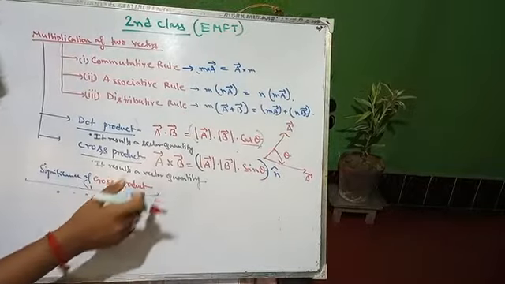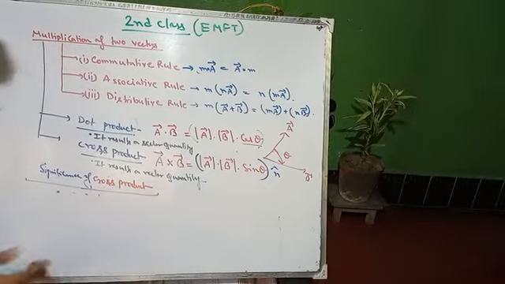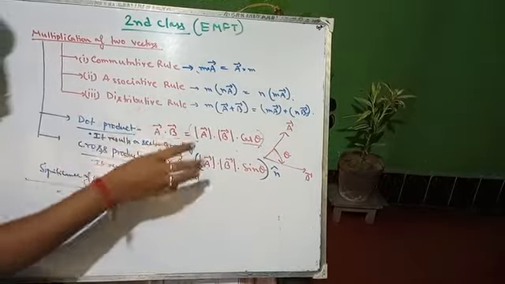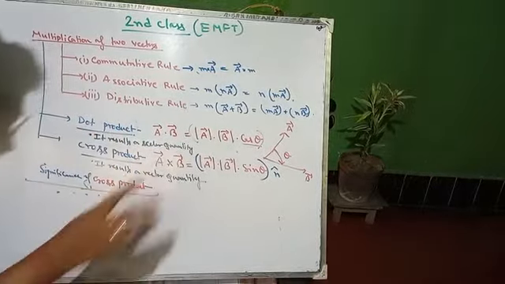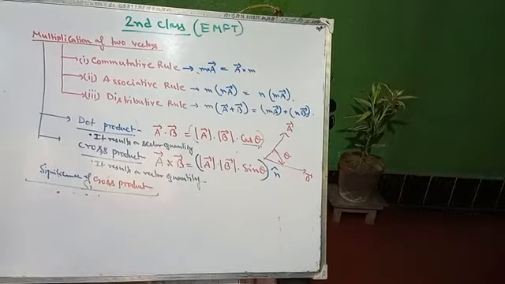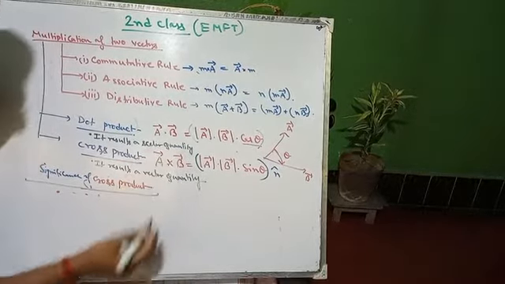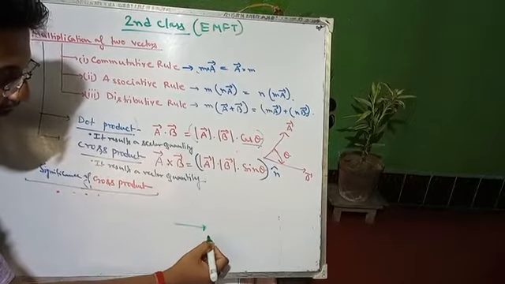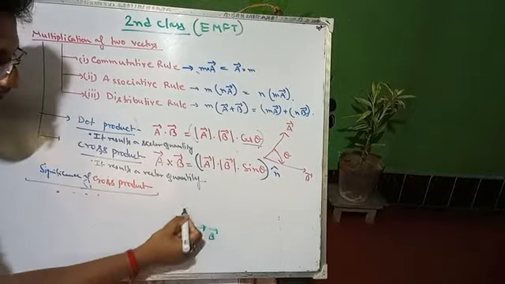So how is the direction produced? The significance of the cross product tells about the concept of direction. Suppose you have B vector over here and A vector similarly.